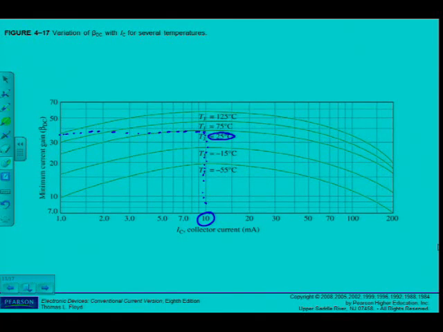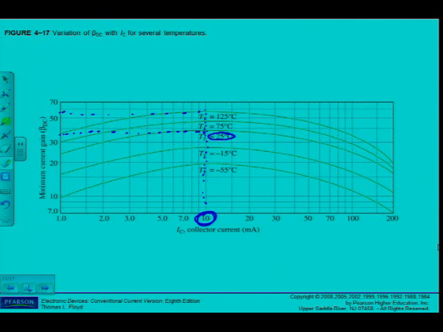But if the temperature increases and the current remains at 10, let's go up to 125 degrees, what is the value of beta now? I can see that the beta value now becomes about 58. So I can see very clearly that temperature influences my value of beta DC.